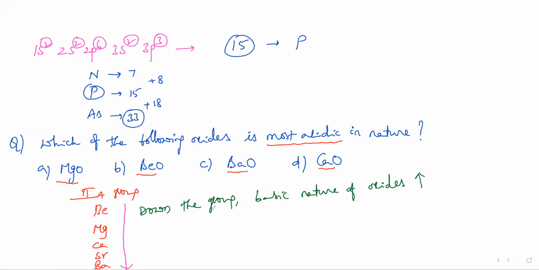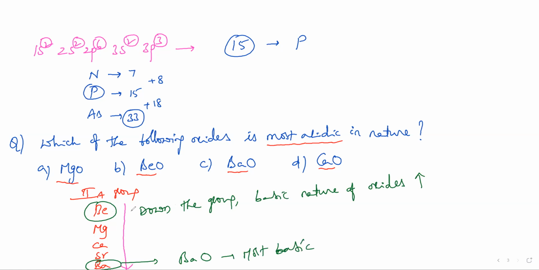Down the group, basic nature increases, that means if you are moving from beryllium to magnesium, basic nature increases. That means beryllium is more acidic in nature. So barium, down the group, BaO will be the most basic. Isn't it?